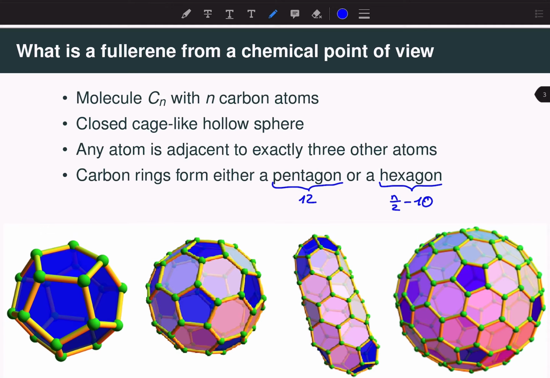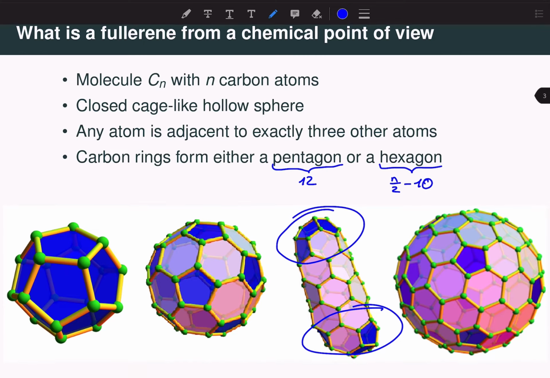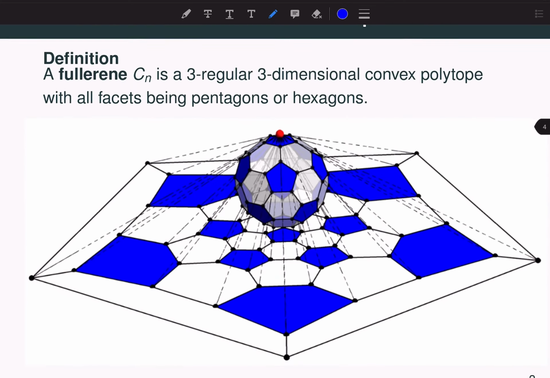In the tube-like fullerene, we have 2 poles, each consisting of 6 pentagons. So it's interesting that the distribution or the connectivity between pentagons and hexagons defines the shape of a fullerene. And this is the basic idea of our mathematical model.